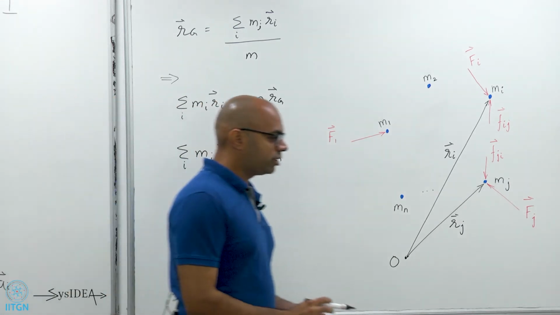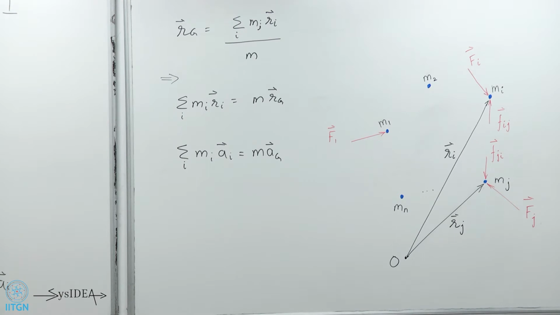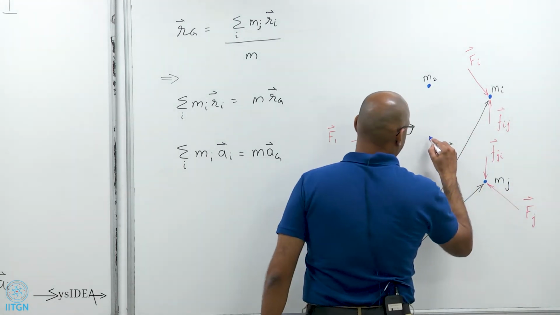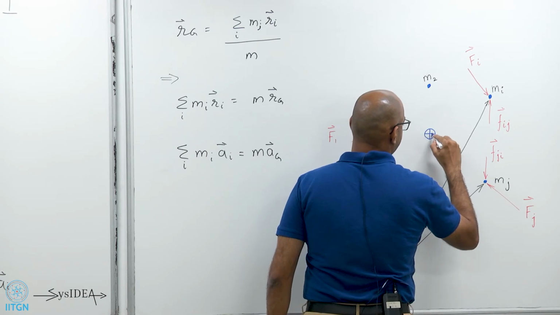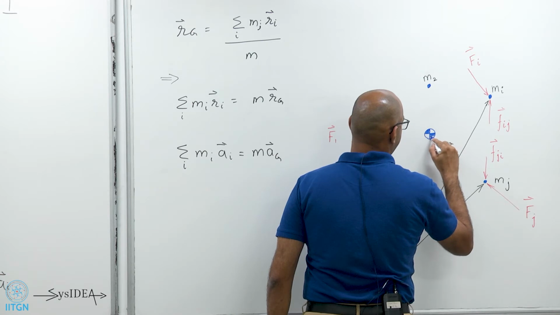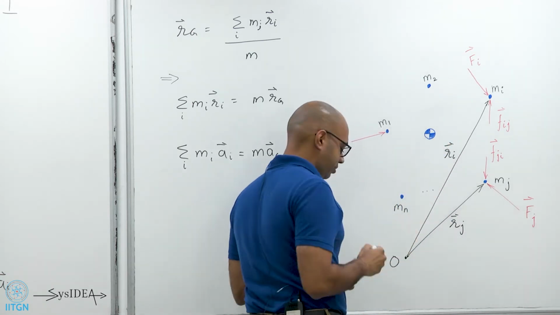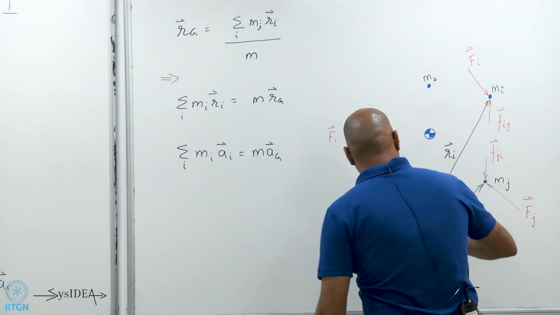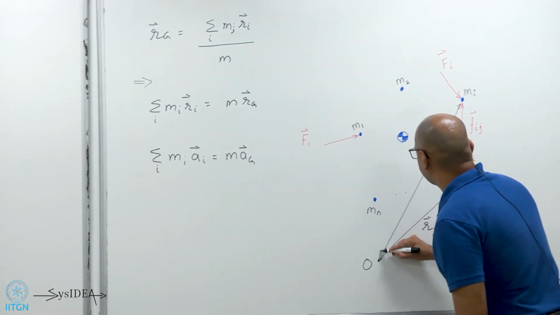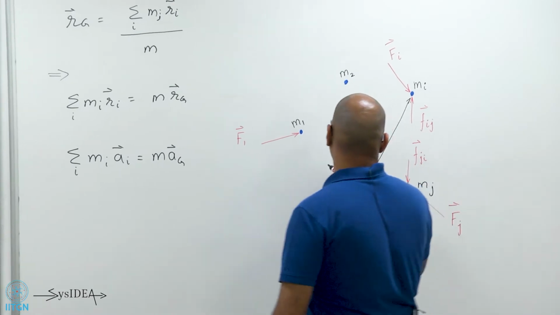Now I can go back to this picture and draw a center of gravity. Some people like to use a special symbol for center of gravity, so let me use that. The position vector of this center of gravity is Rg.